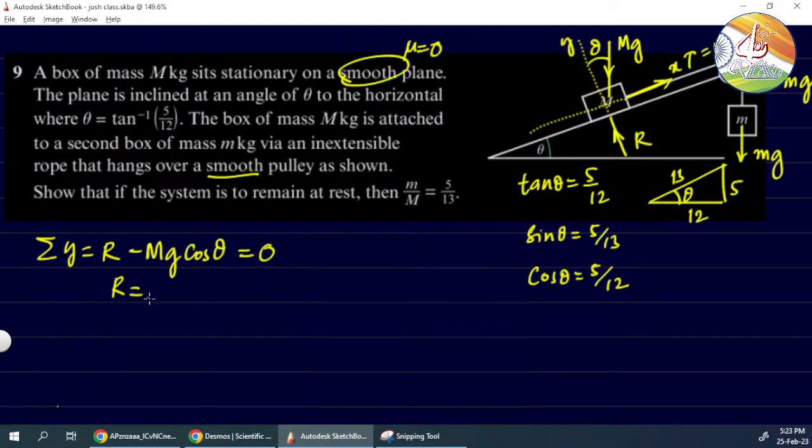So R is equal to capital M g cos theta. Cos theta is 12 by 13. So R is equal to M g into 12 by 13.